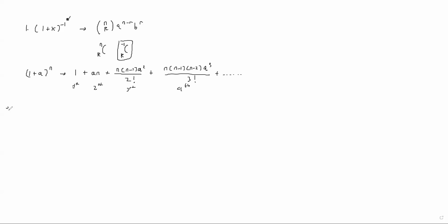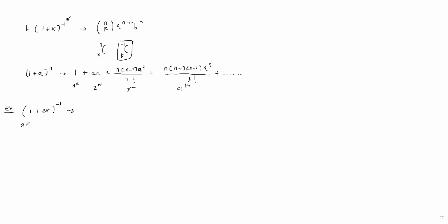Example. Let's say I have bracket 1 plus 2x to the power of -1. How do I expand this bracket? I just have to follow the pattern right here. Based on the formula, we have 1 plus a bracket to the power of n.